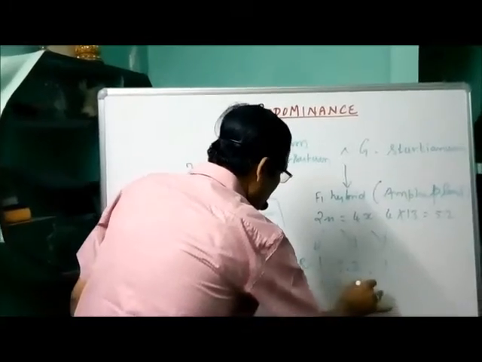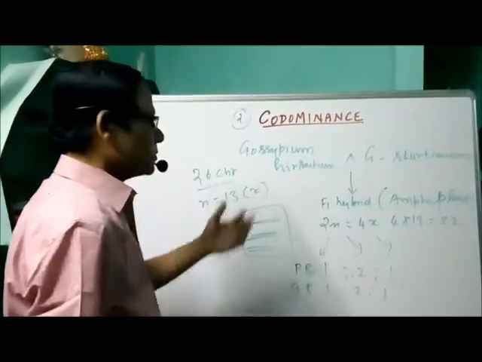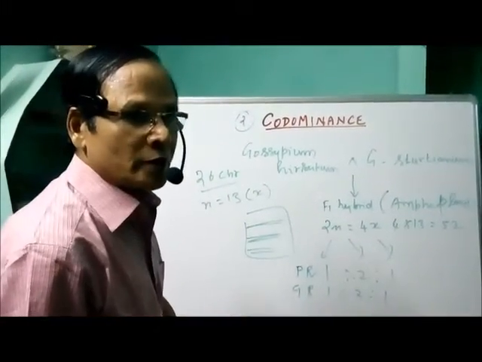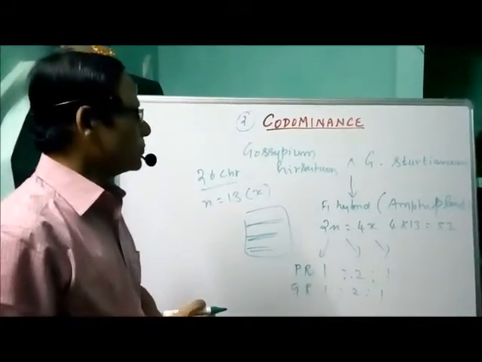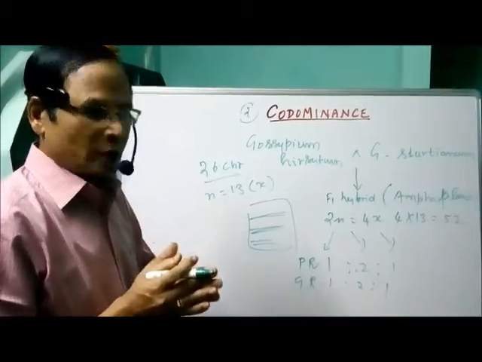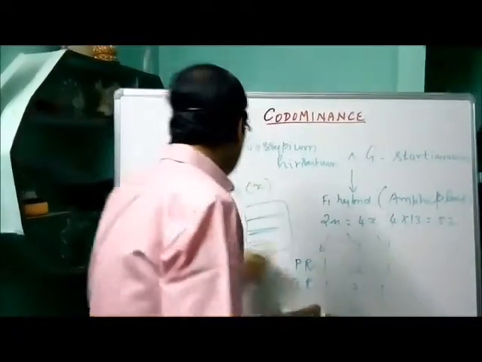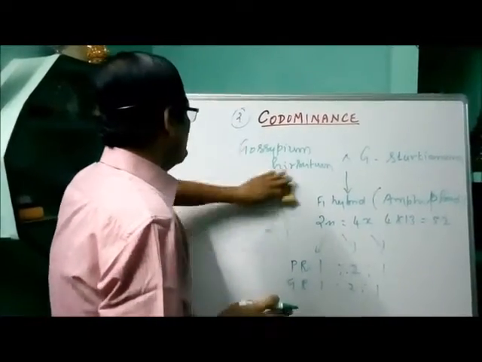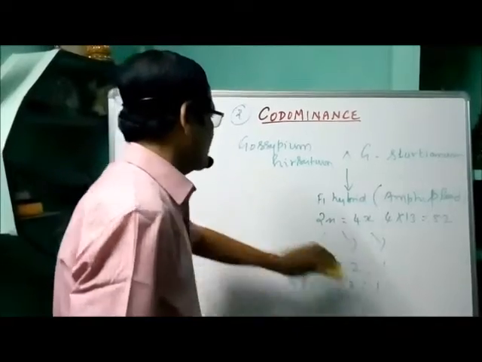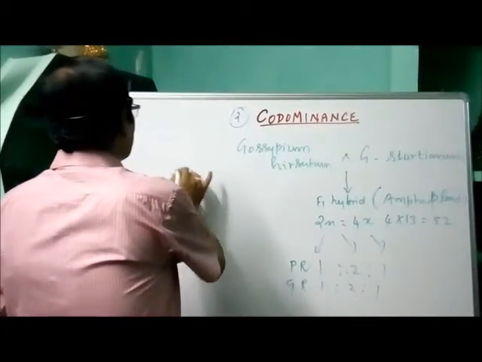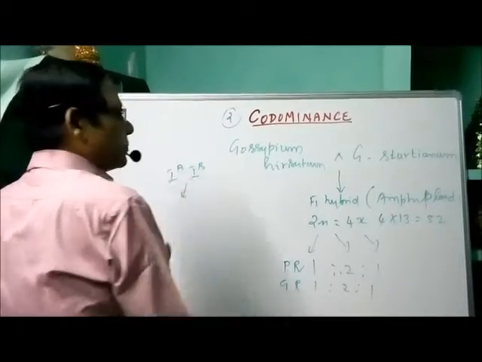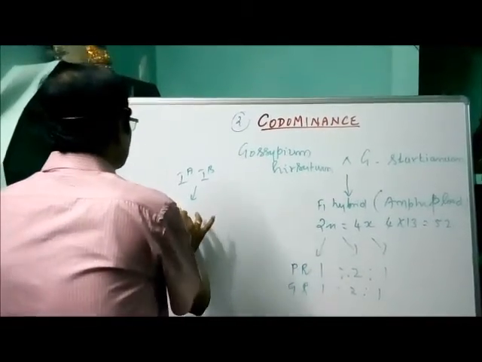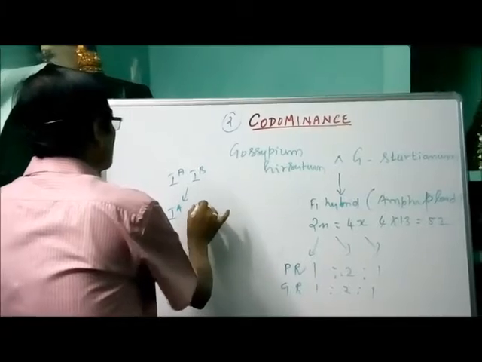For example, in the case of marriage between a person with the A blood group and a person with the B blood group, we get only one type, the AB blood group, which is a heterozygous hybrid. When AB individuals form gametes, two types of gametes are produced.